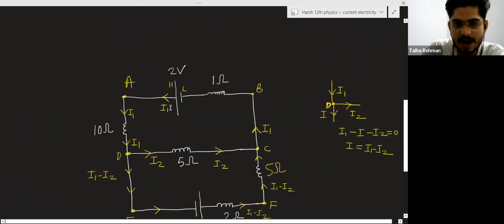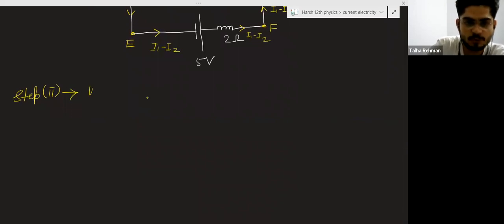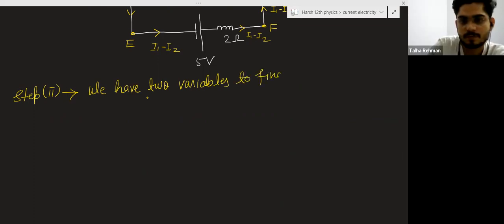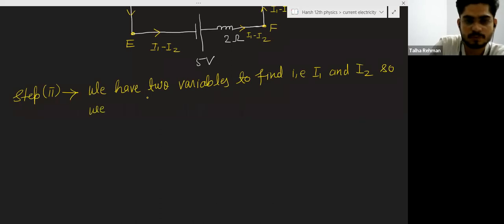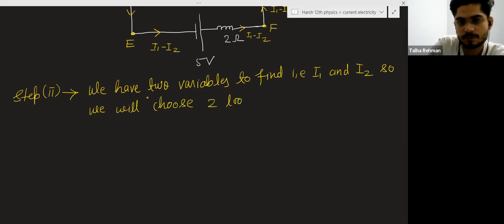Actually, we have I1 and I2. We have to find I1 and I2, means we have 2 variables. So we will choose two loops.